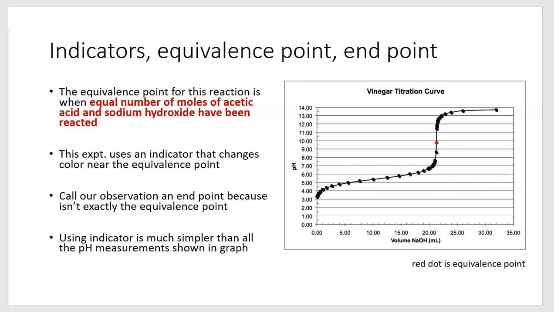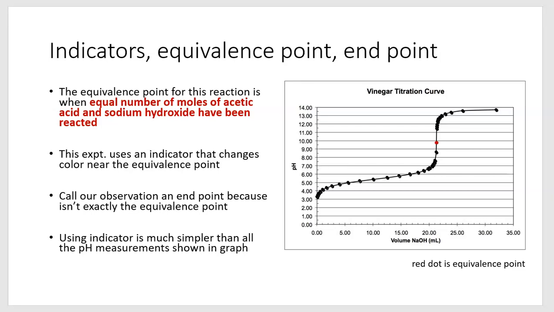We don't have a pH meter. We're going to use an indicator instead. An indicator changes color as pH changes, and we have to choose an indicator that changes color near that equivalence point. It doesn't do it exactly at the equivalence point, but it does pretty close.